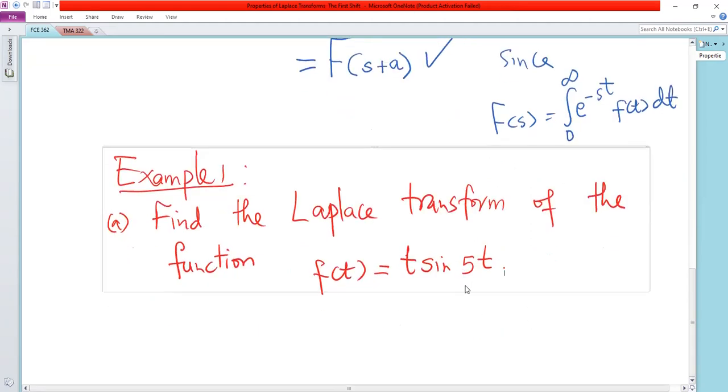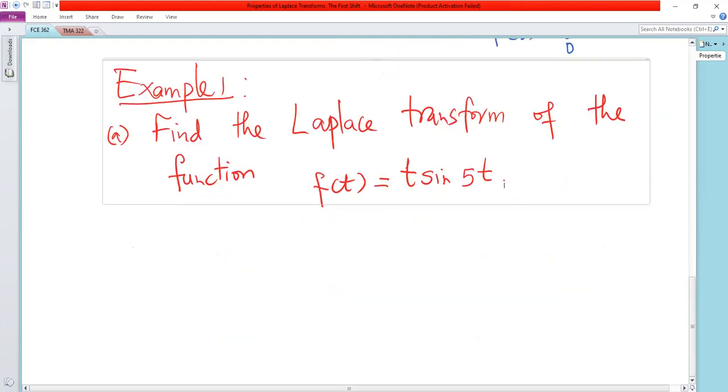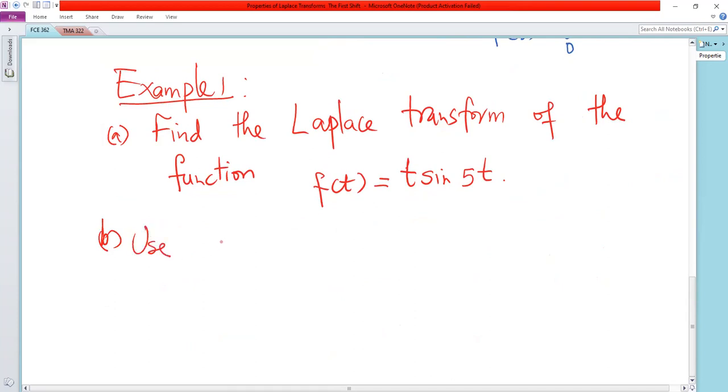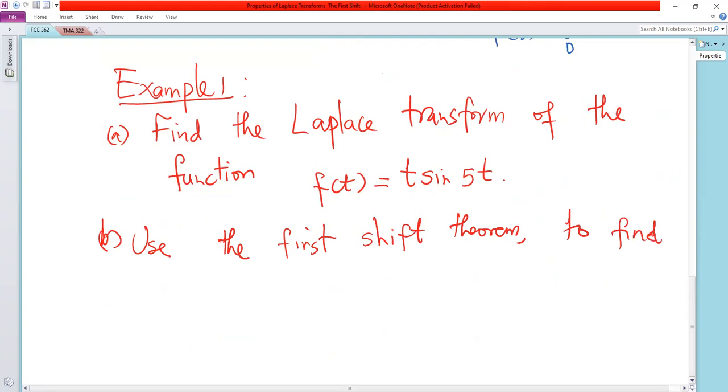So that's the first part. And then after getting the Laplace transform, part B, use the shift theorem to find the Laplace transform of e raised to minus 3t times t sine of 5t.